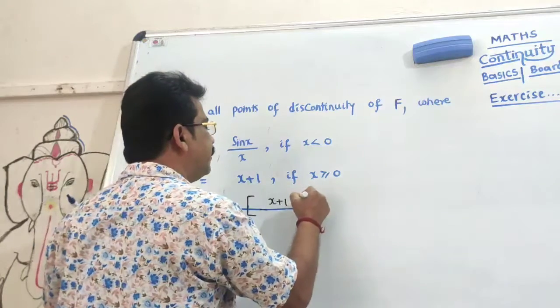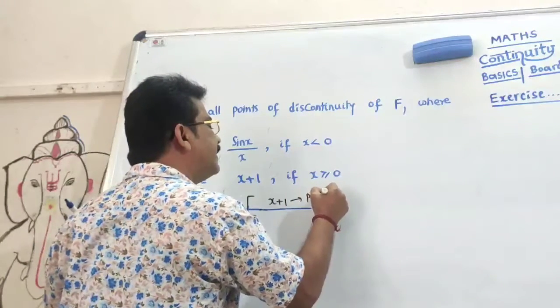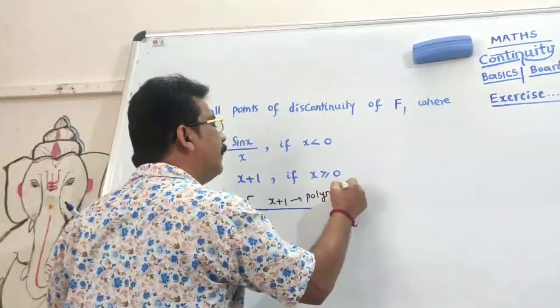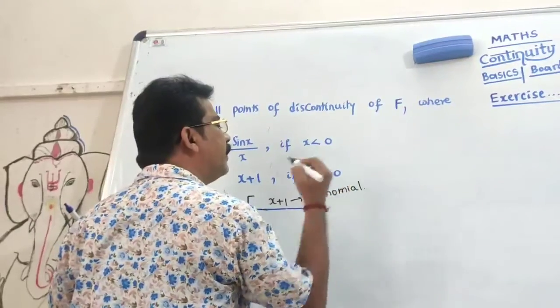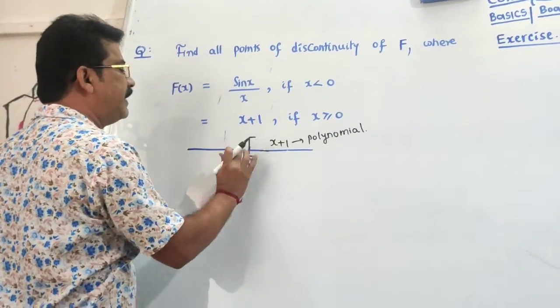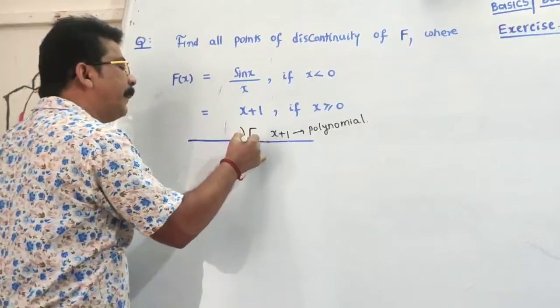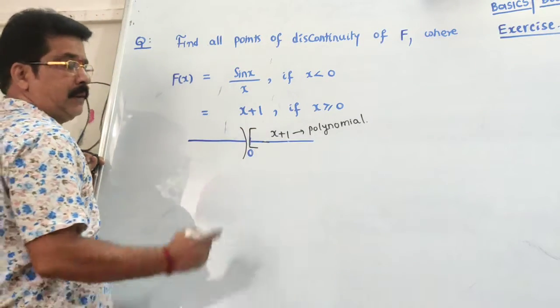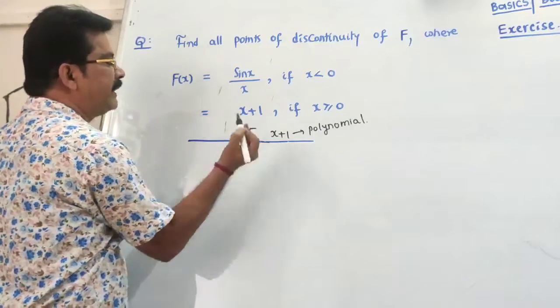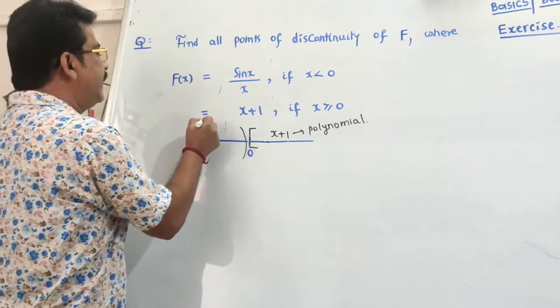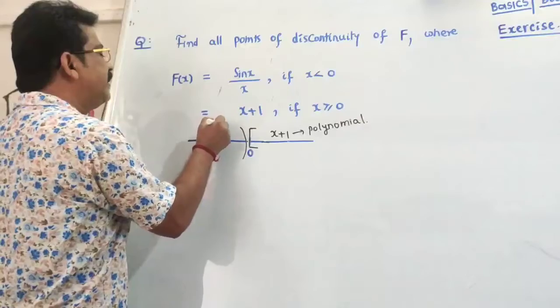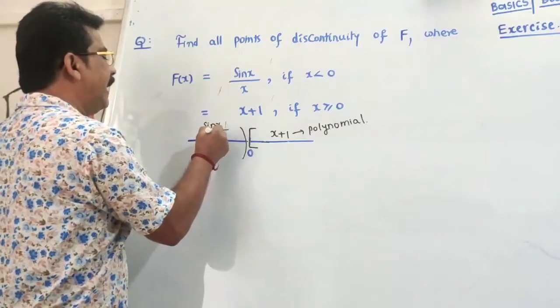Remember, it is a polynomial. Later, x less than 0, that means just less than 0. Remember, the breaking point is 0. So in this area, sin x divided by x.